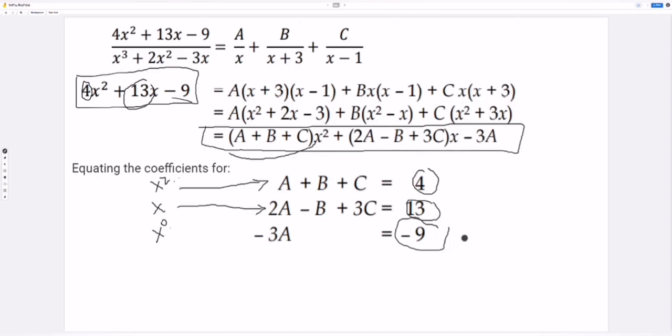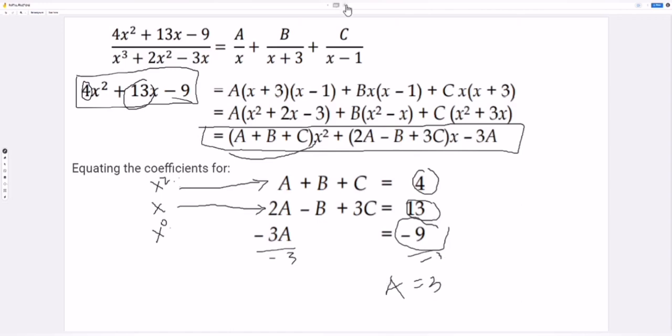At this point, our a will be equal to negative 9 divided by negative 3, so our a is equal to positive 3.